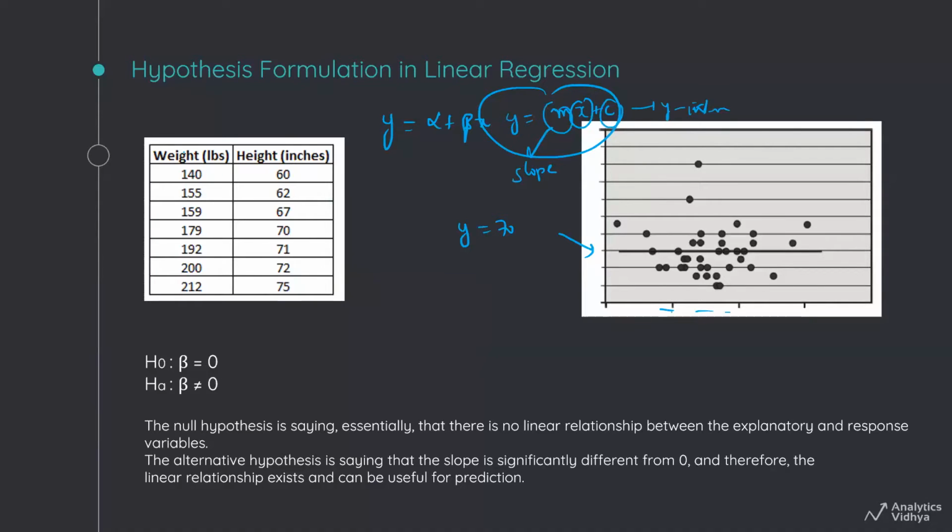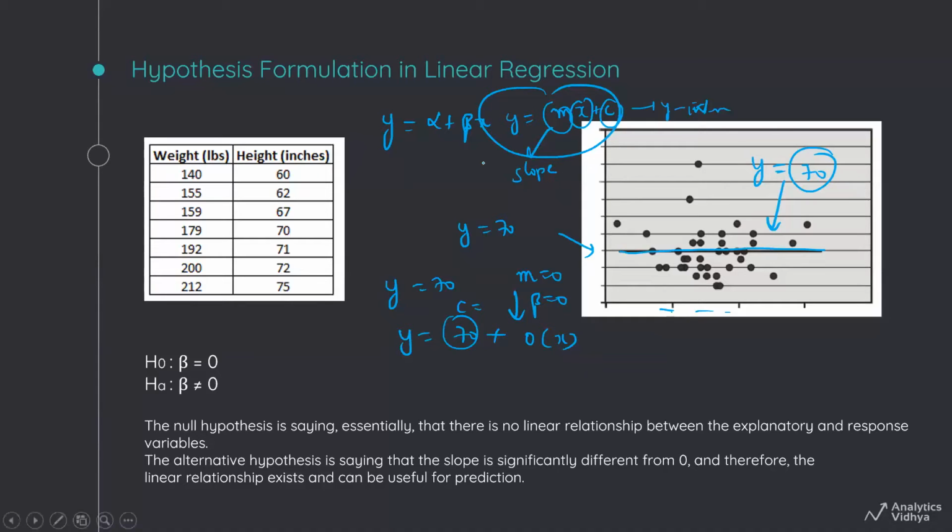Coming back to the previous assumption, if I take the y value to be 70, this is equal to 70 plus 0 times some x value. So in this case, my slope is 0, or beta is 0, and my c value is 70. So without applying any complicated math, my regression equation came out to be y equals 70, which is this horizontal line.